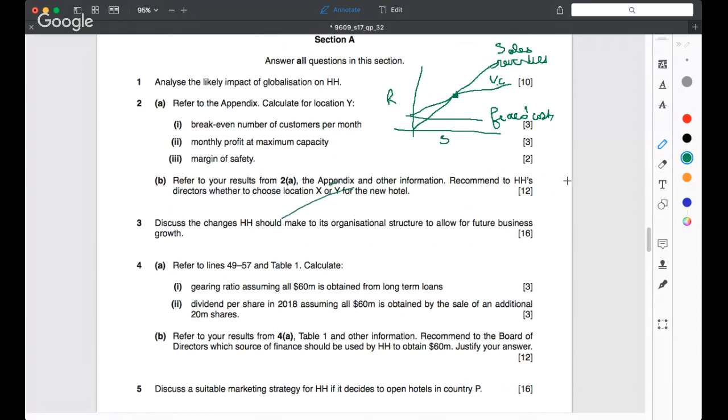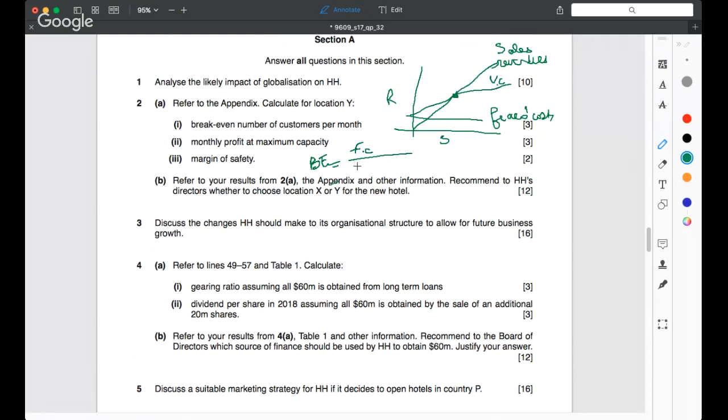Okay, the eraser is this one, and we are going to erase it. So we said that break-even equals fixed cost by contribution.